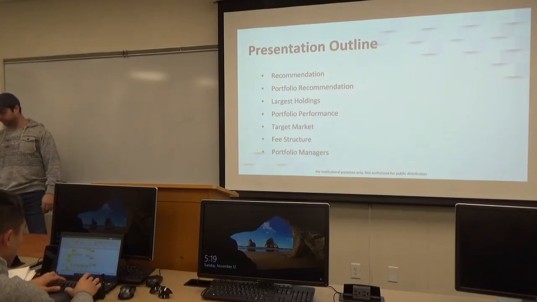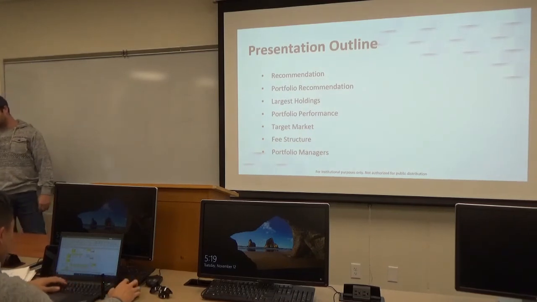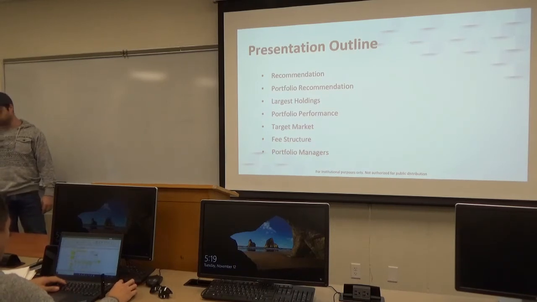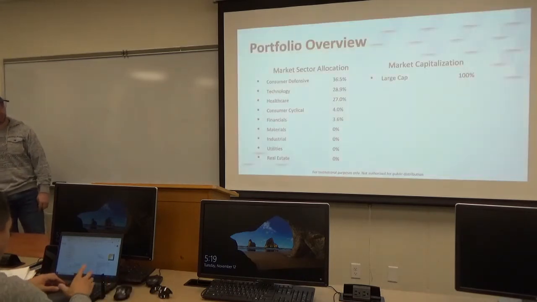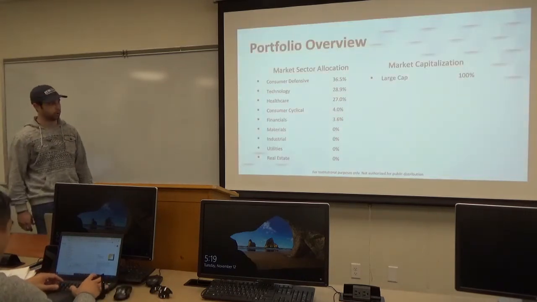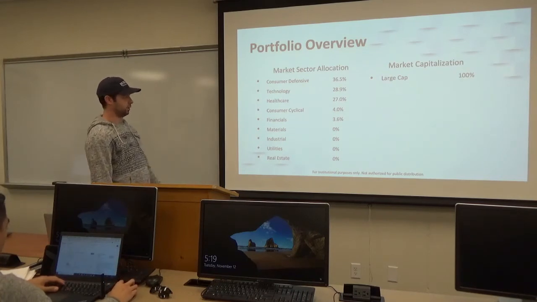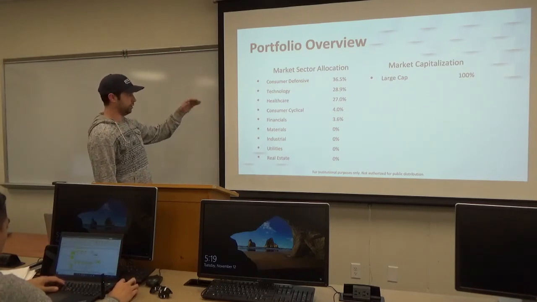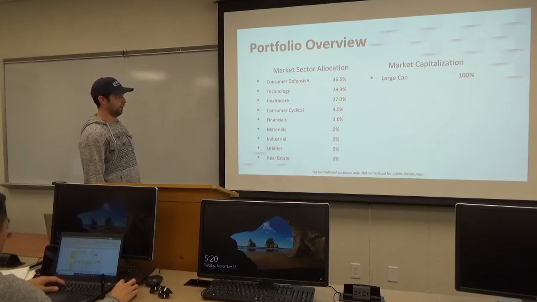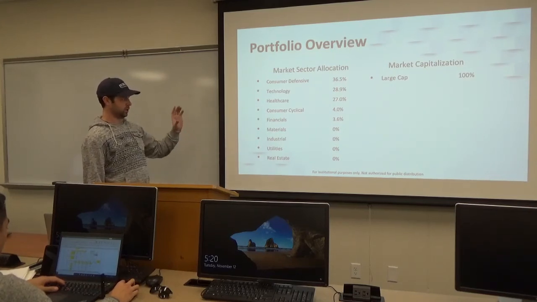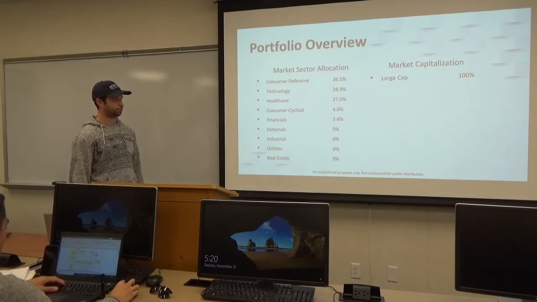Our outline is as follows. I'm going to go over the portfolio recommendation, the holdings, the past performance, our target market, fee structure, and then wrap it up with who we are and what we're about. So our overview is mainly consumer defensive, tilting, and then we also have a technology component with healthcare. It's giving it that defensive structure.